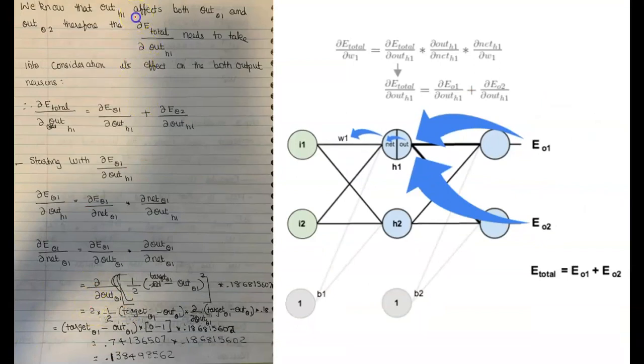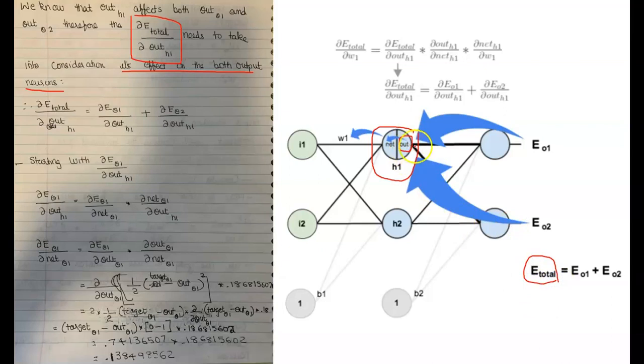When we consider dou E total by dou out H1, we need to take into consideration its effect on both the output neurons. In this particular neuron, H1, we are considering how out H1 will influence the value of E total.